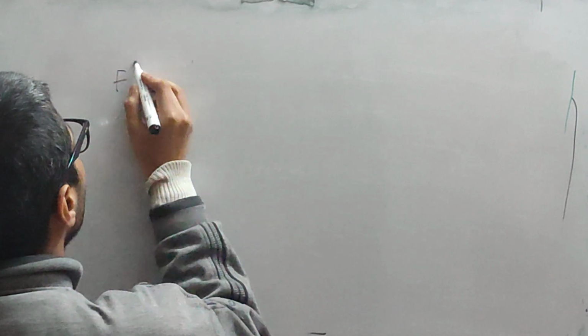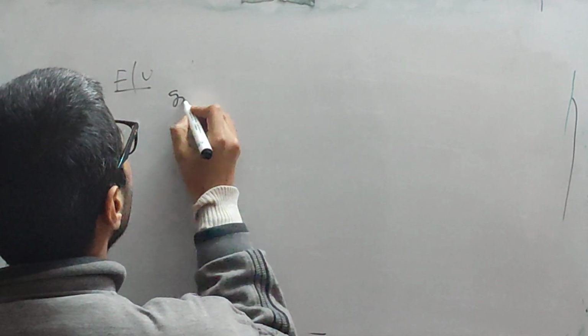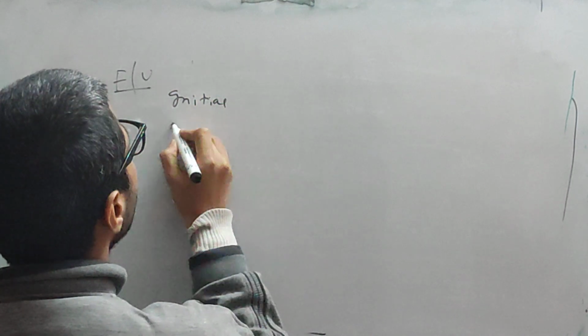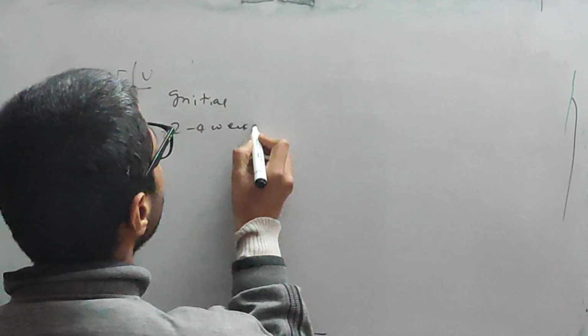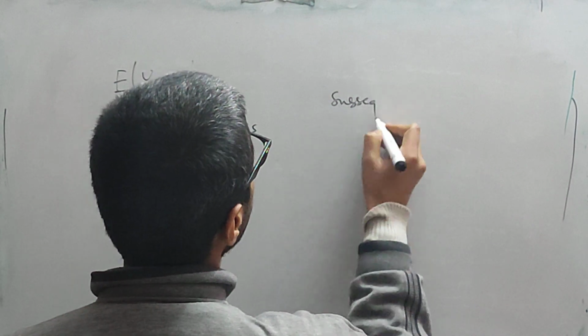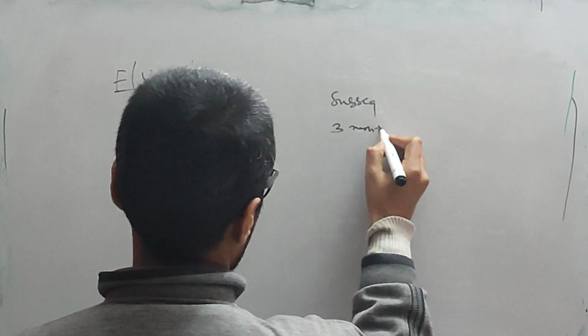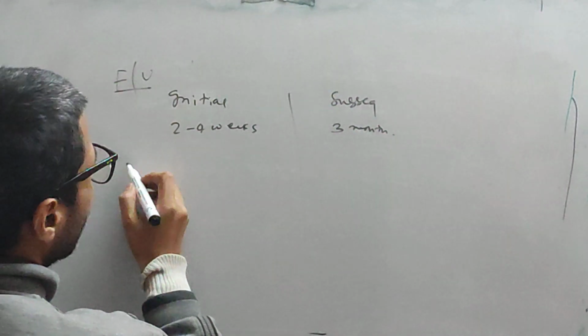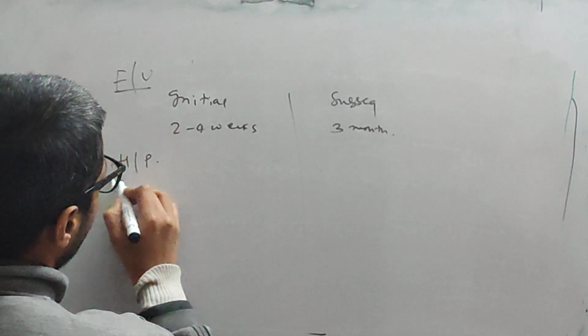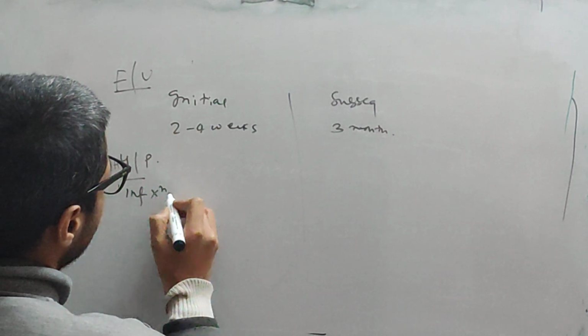And regarding follow-up of patients, in initial therapy you call for follow-up every 2 to 4 weeks, and in the subsequent phase you call for the patient in about 3 months. In follow-up you check whether there is clinical response or not, whether the patient has acquired any infections due to immunosuppressants.